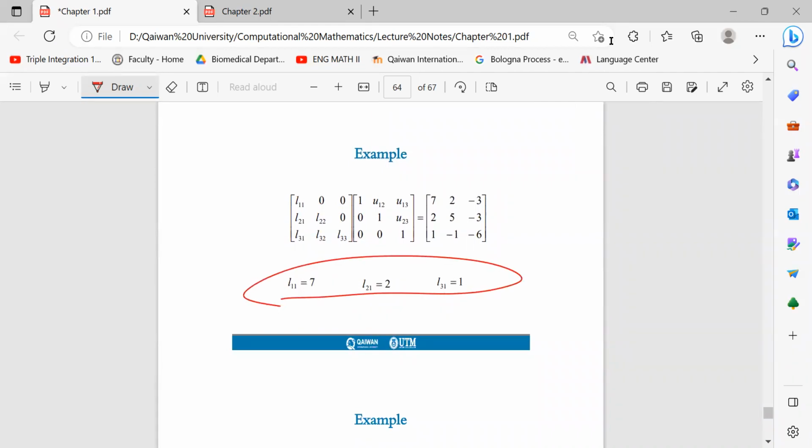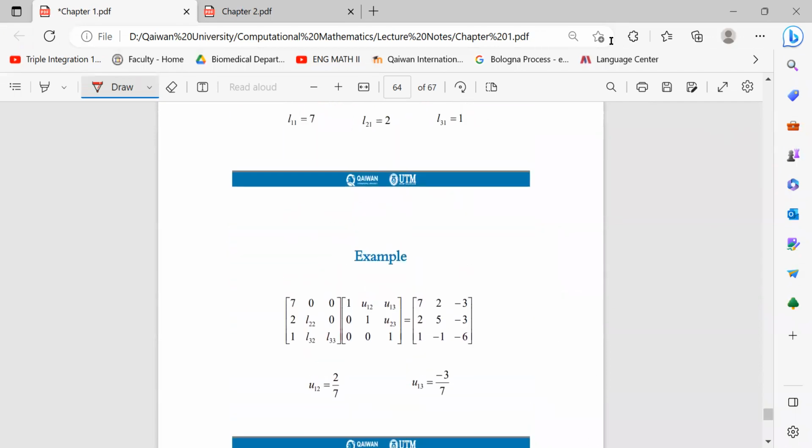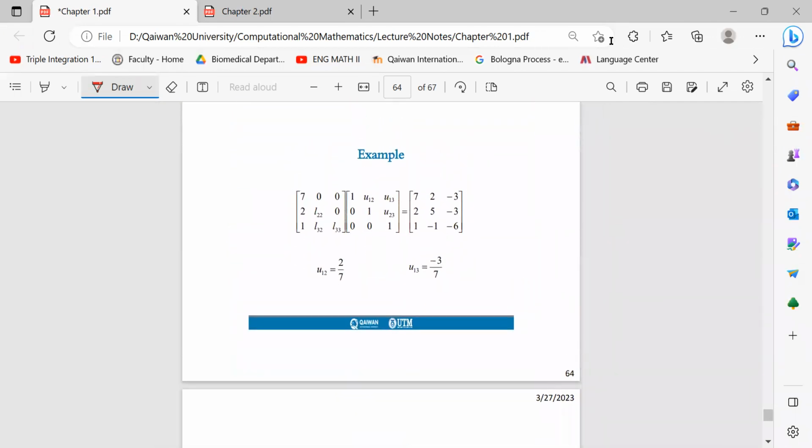By multiplying these three by the first column here, we get the values of L11, L21, L31. It's the same procedure, so I'm not going to do it again. Here, we multiply this by the second column and third column to get the values of U12, U13.